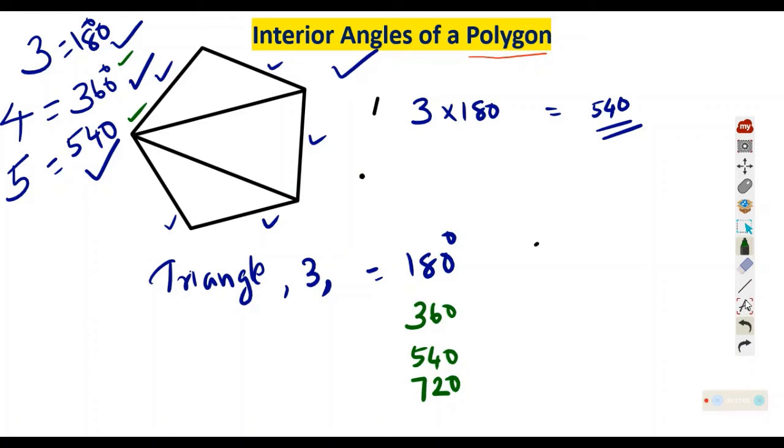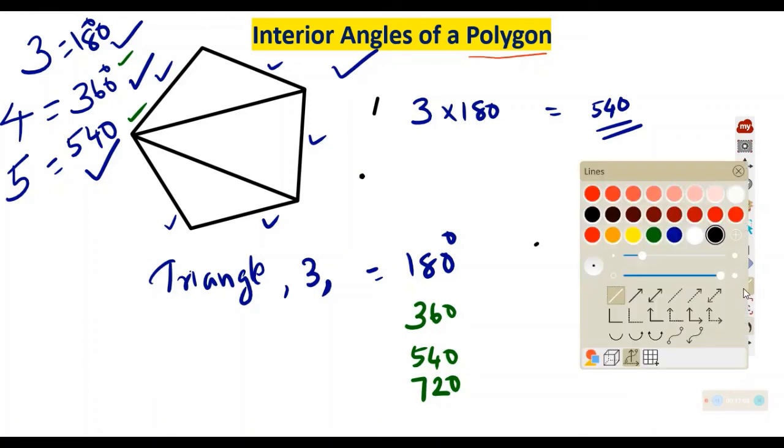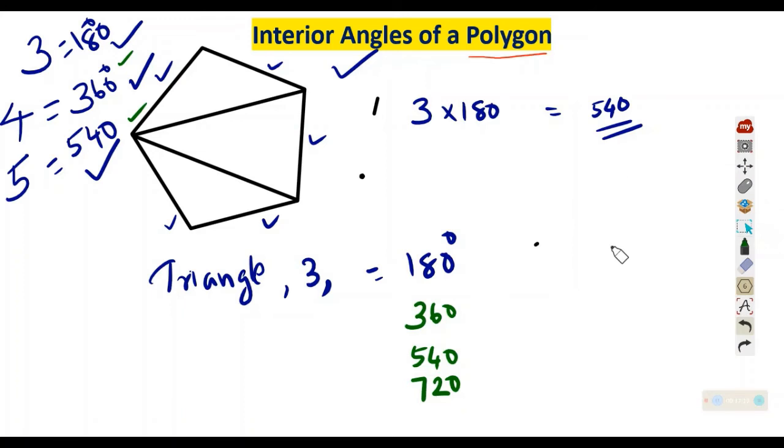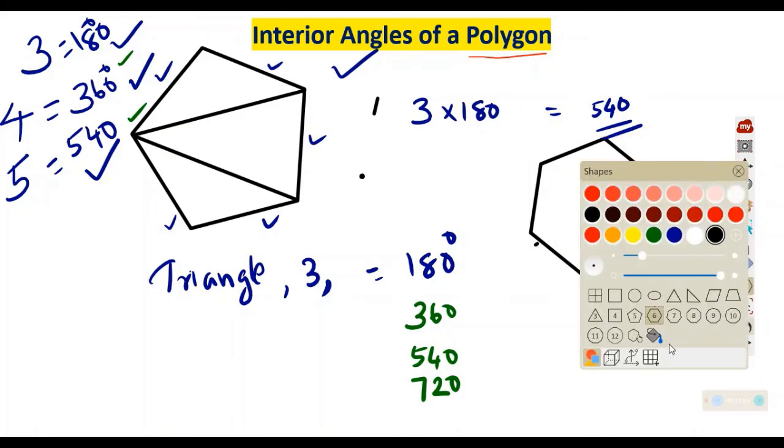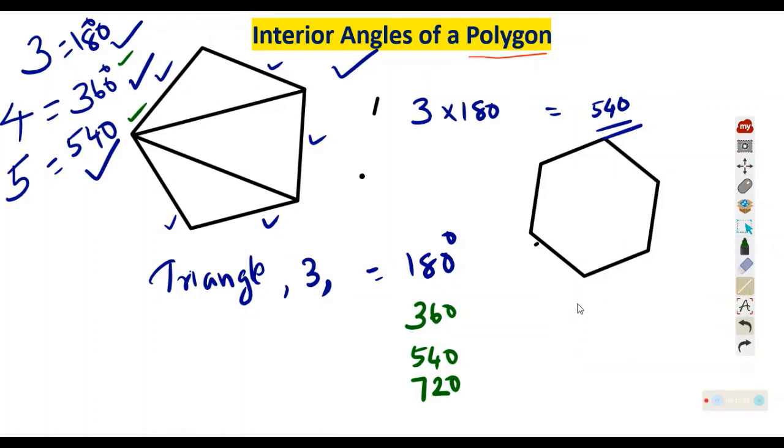Six-sided figure. How will a six-sided figure be? Let me see whether we are having a six-sided figure. Yes. Here is a six-sided figure. Beautiful six-sided figure. How many triangles can be formed? We will see. Each triangle is 180. That is our calculation. So let me try. I'm not sure about how it works. Here is a triangle. Here is another triangle.